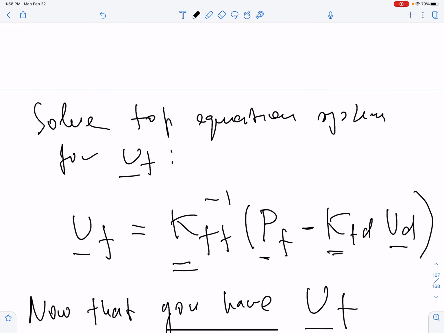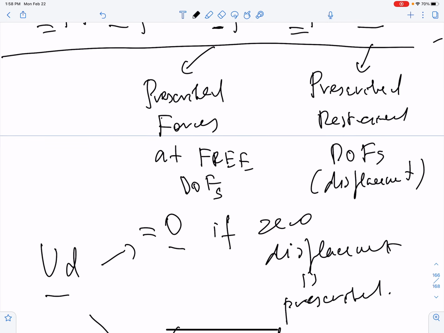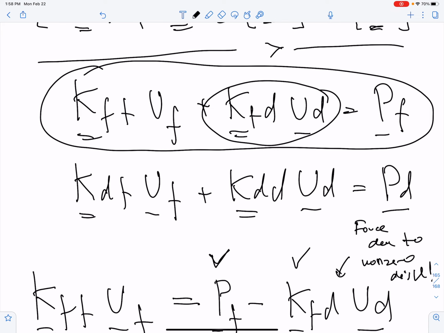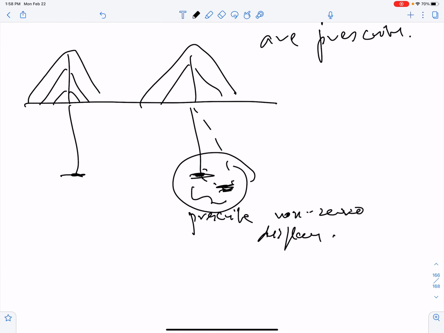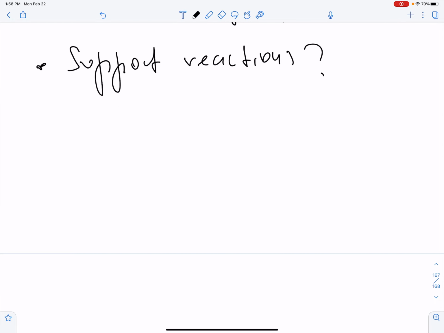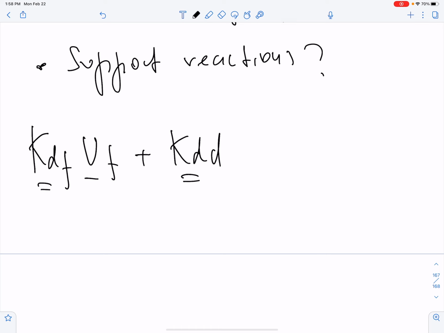For support reactions, you need to go back to your two equation systems, and now work with this equation here. Let me write it out again. This has to hold too. KDF UF plus KDD UD equals PD. So what do you know here? Well, KDF, as before, you assemble using direct stiffness assembly, but using a full set of degrees of freedom.